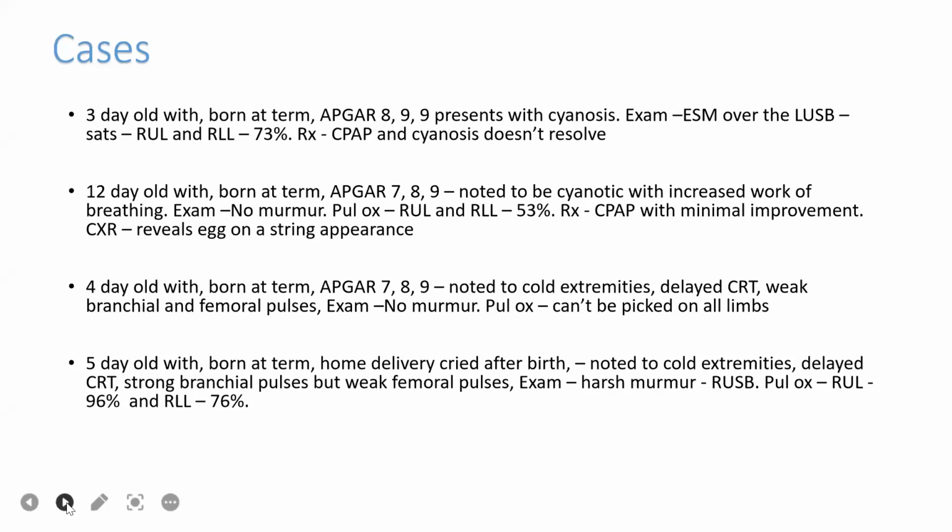Then a third baby, 4-day-old, born at term, scores 7, 8, 9, is noted to have cold extremities, of the feet and the hands. Then there's delayed capillary refill time, and weak brachial and femoral pulses. On cardiovascular examination, especially on auscultation, no murmur is detected.